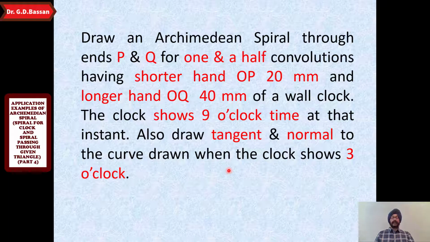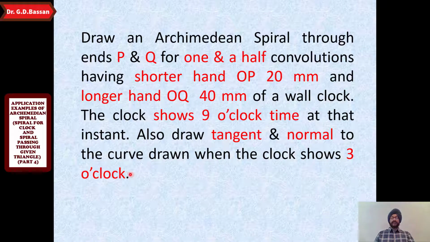Now for more expertise in this type of example, let us take another one. This is the most practical one. Here, draw an Archimedes spiral through ends P and Q for 1.5 convolutions, having shorter hand OP as 20 mm and the longer hand OQ as 40 mm of a wall clock. This is a practical example of a wall clock which shows 9 o'clock at this particular instant.